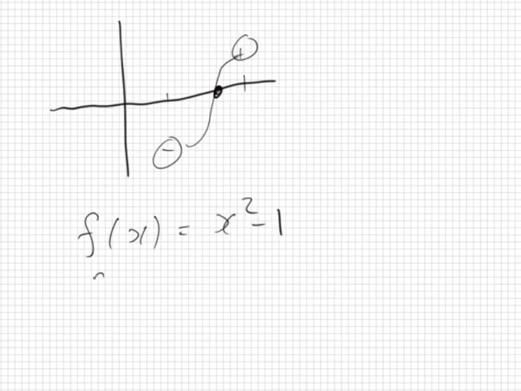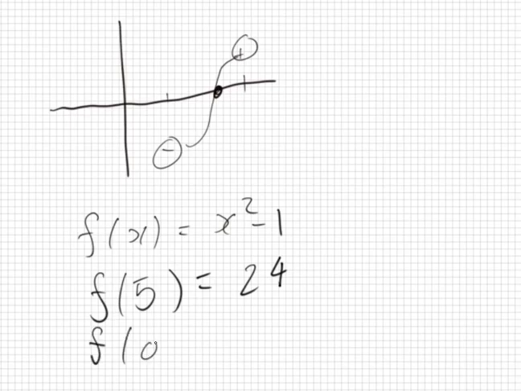What's f of 5? That would be 24. And what's f of 0? Minus 1. So if you were to draw this graph, at 0 you're at minus 1, and at 5 you're at 24.